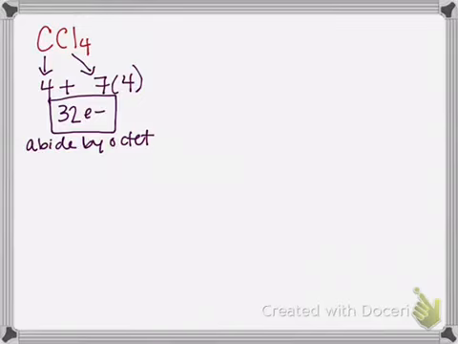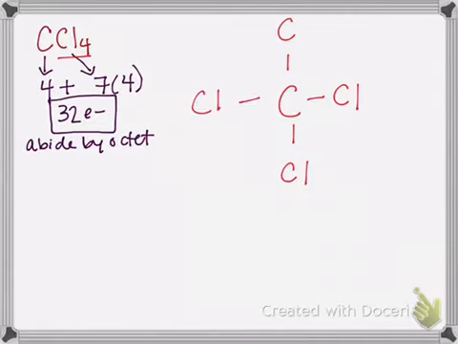So I'm going to put carbon as the central atom and surround it by single bonds with these 4 chlorines. Keep in mind that every single bond represents 2 electrons.